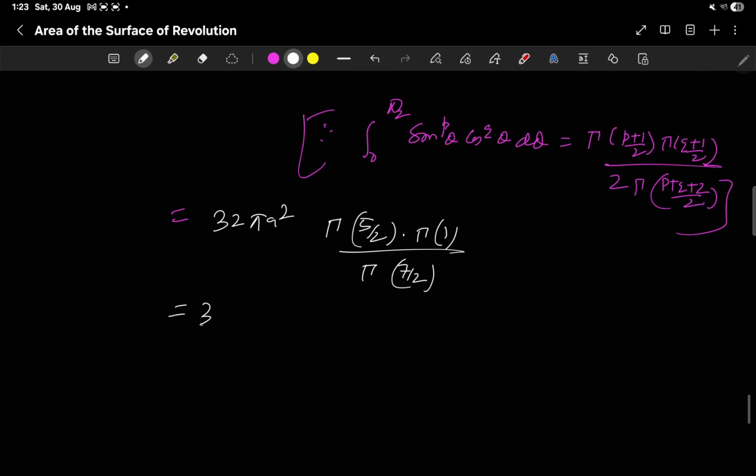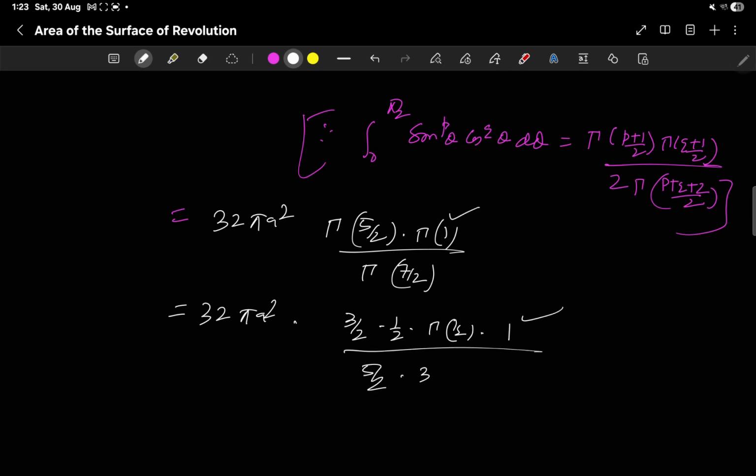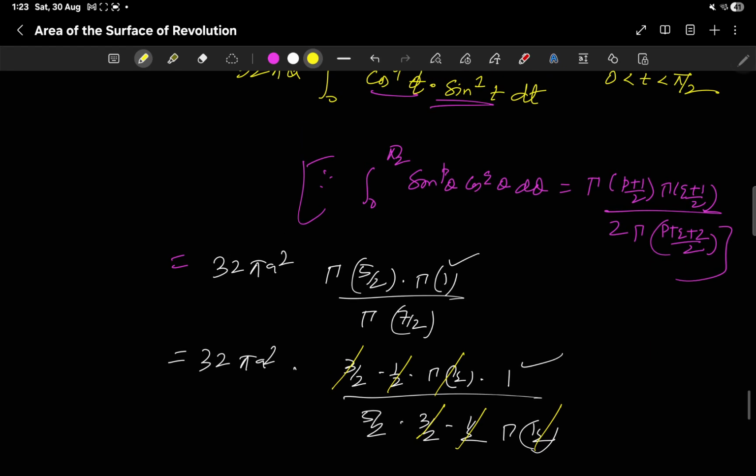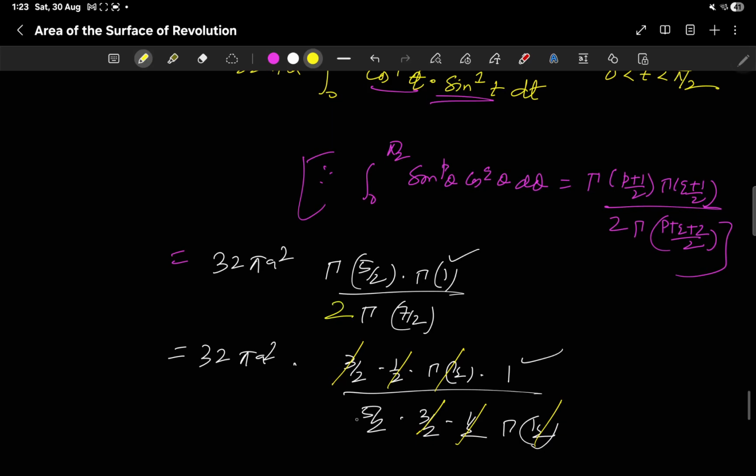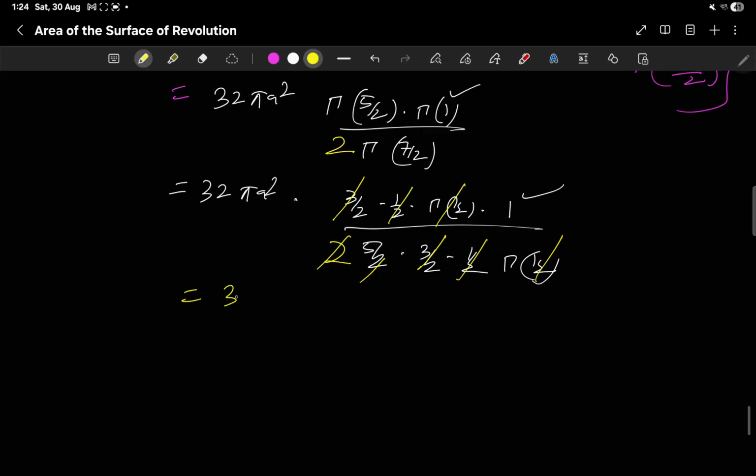So this is equal to 32 pi squared gamma of 5 by 2 over gamma 1 is 1, and gamma of 7 by 2 will be 5 by 2 into 3 by 2 into 1 by 2 gamma 1 by 2. So gamma 1 by 2 cancelled, half cancelled, 3 by 2 cancelled. It is 2, so this 2 and this 2 cancelled, so only 5. So this is 32 pi squared divided by 5.